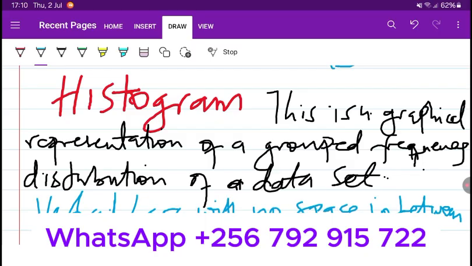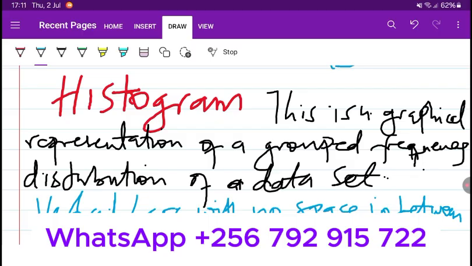The class intervals, sometimes called class boundaries, are the ones that we plot along the horizontal axis, and their respective class frequencies are plotted on the vertical axis using a suitable scale for each axis.